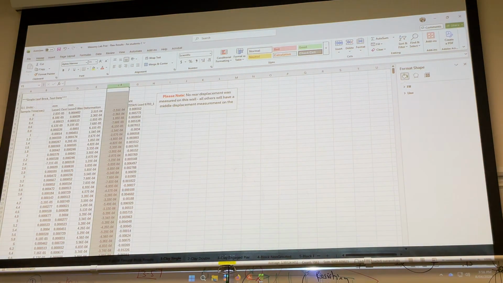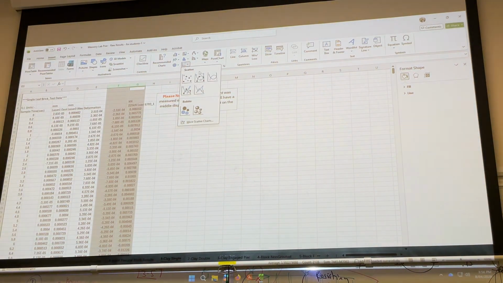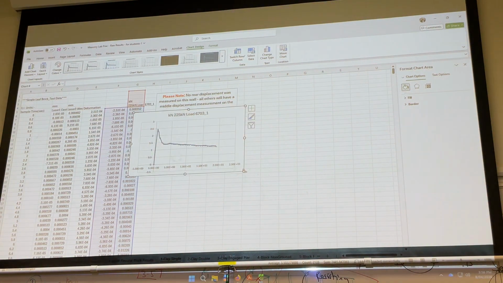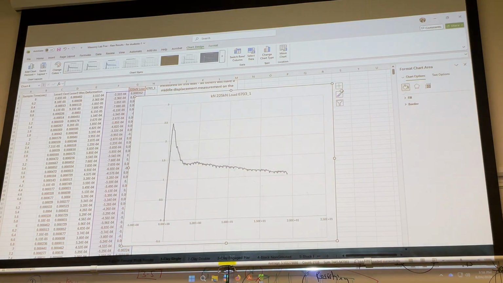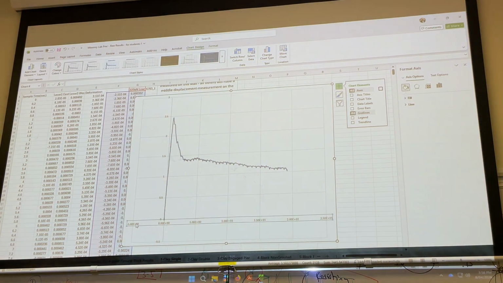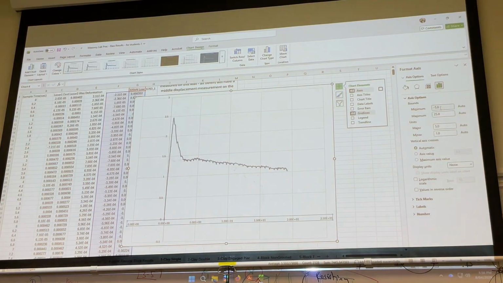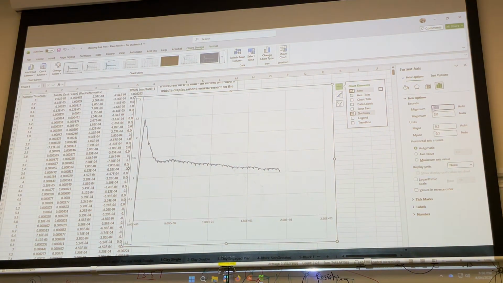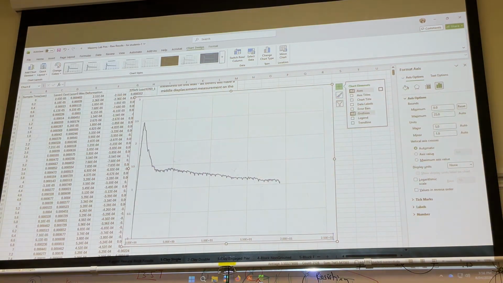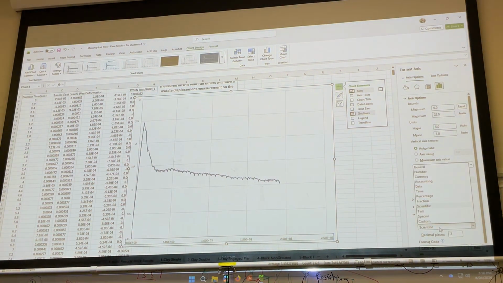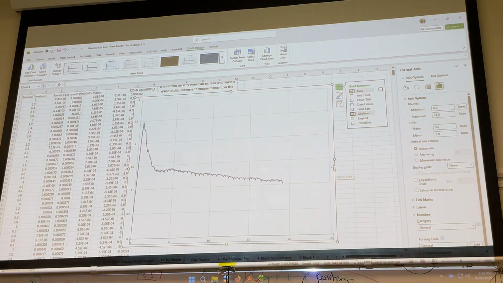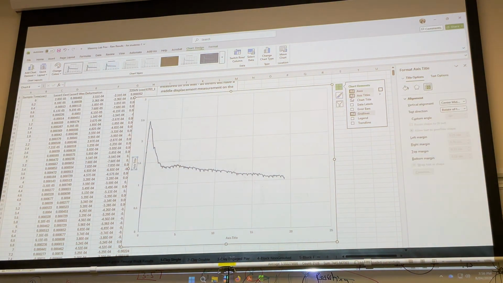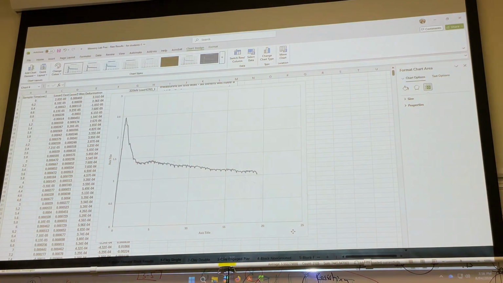Because we need to compare all of them in the same graph later. We consider both.